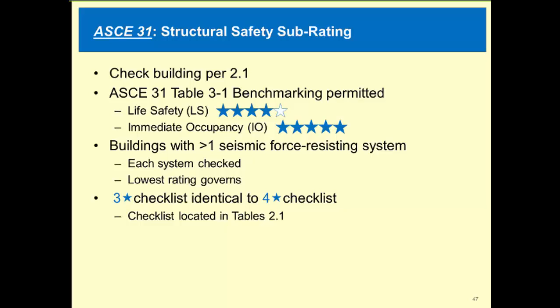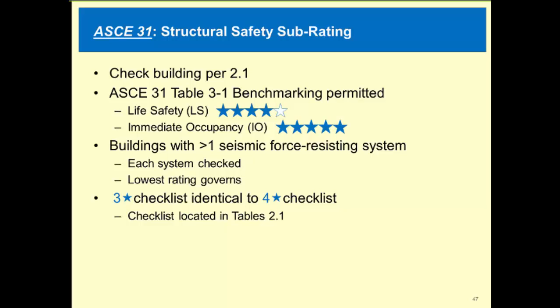You know you have a 4-star building for the safety sub-rating. If the design was for immediate occupancy, you could show that you have a 5-star safety sub-rating. That's not the overall structural or safety rating. Remember, it's just the structural safety sub-rating.